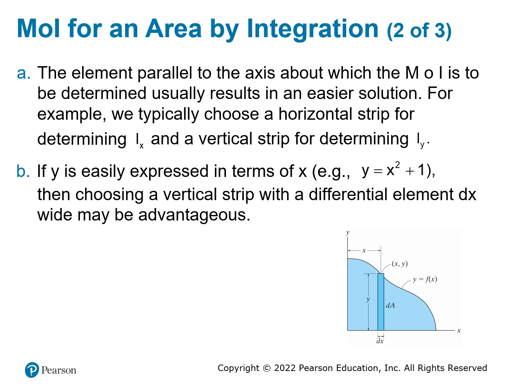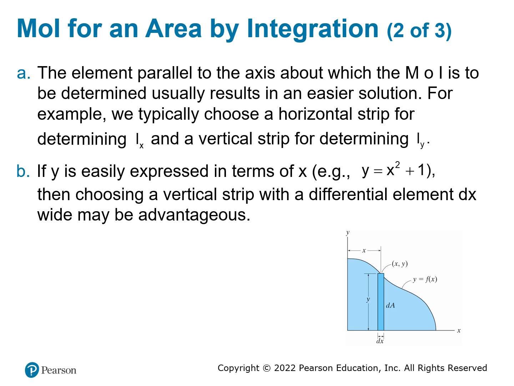After you select the area, an element parallel to the axis about which the moment of inertia is to be determined usually results in an easier solution. That's what we just emphasized. So in this example, you select this vertical one, right?